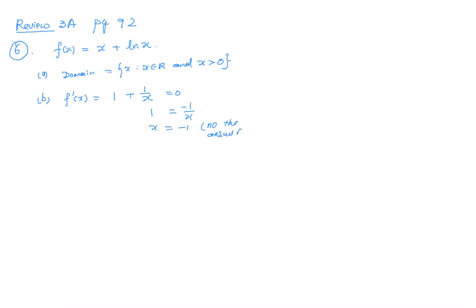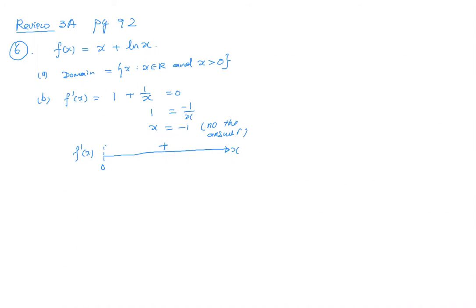Right? So your f prime x sign diagram will be from 0 onward, and here you have to put a dotted line. And here is your x. You don't mark anything. Since x is greater than 0, the whole thing will be positive.